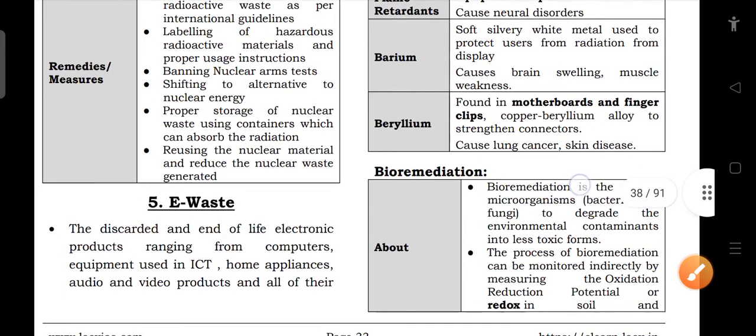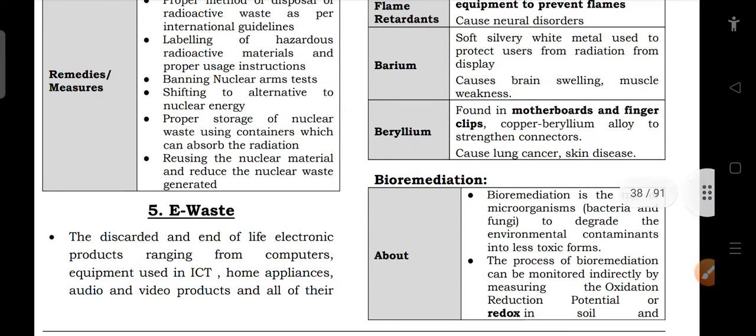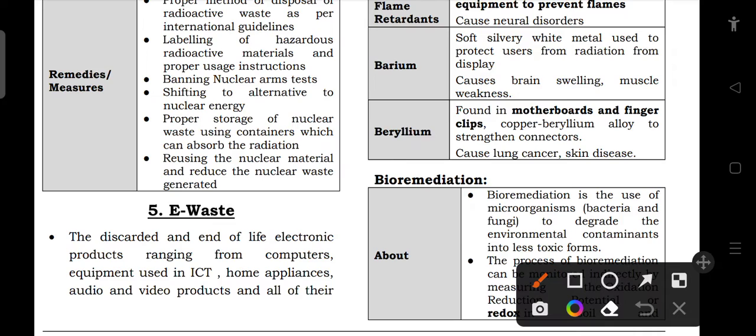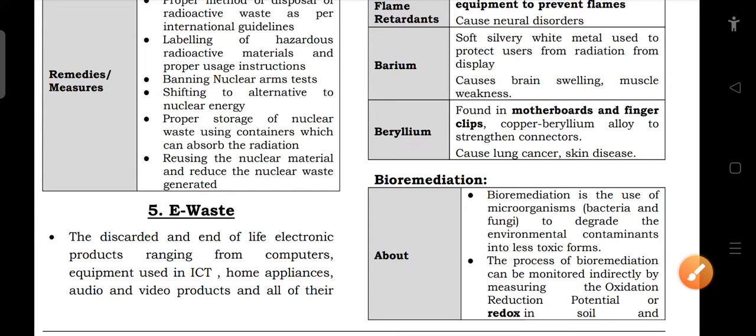Now next one is about bioremediation. What is this bioremediation? It is the use of microorganisms like bacteria and fungi to degrade the environmental contaminant into a less toxic form. This is using of biological microorganisms for disposing the waste, which is bioremediation.